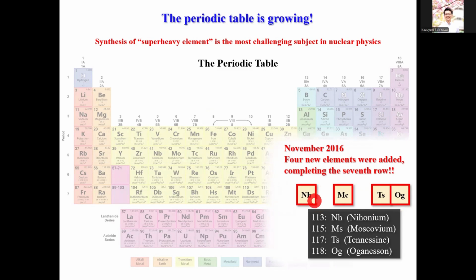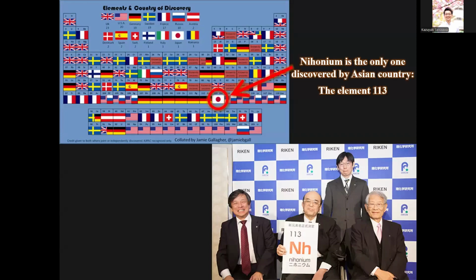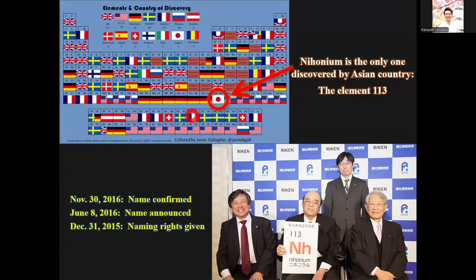And nihonium, element 113, was discovered by scientists at RIKEN. And we got the naming rights, and we took Japan in Japanese, Nihon, and named it nihonium. Okay, so this is a very important subject, and that was the first Asian country that discovered new elements. So this had very important meaning in scientific history.